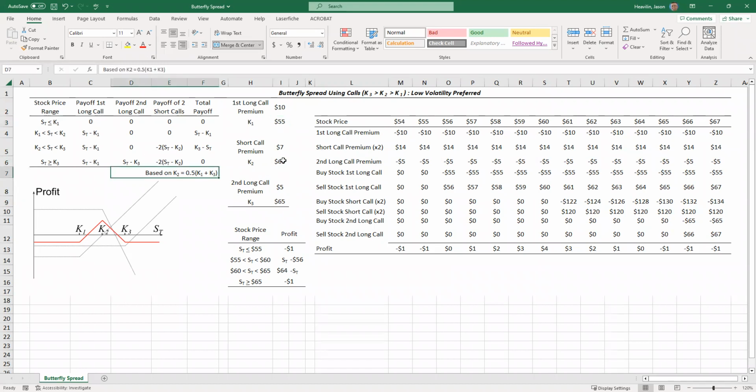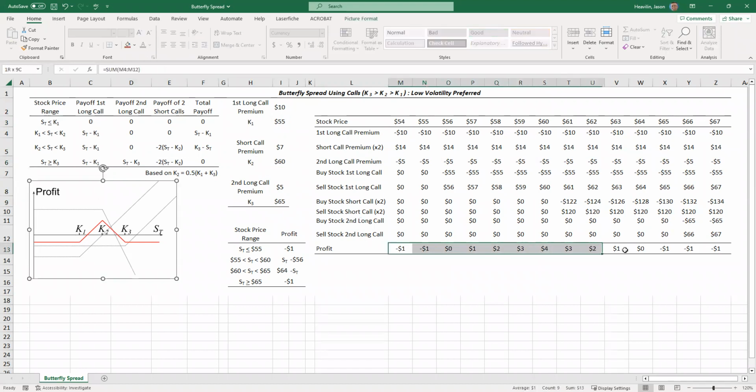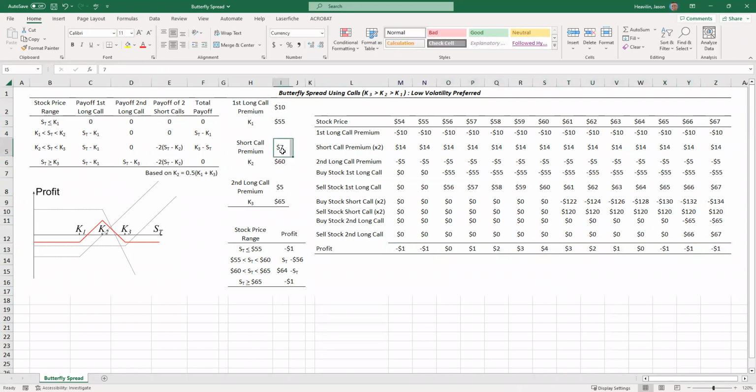However, be advised that if this was 62 or 63, this scenario will still play out like the chart, but the profits will be a little different, because when these get exercised, it'll behave differently. So the profits of the strategy vary depending on K2 going up or down, but it still works as long as you're in between 65 and 55.